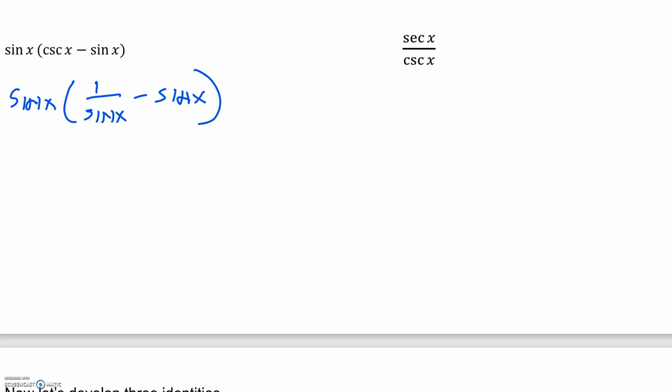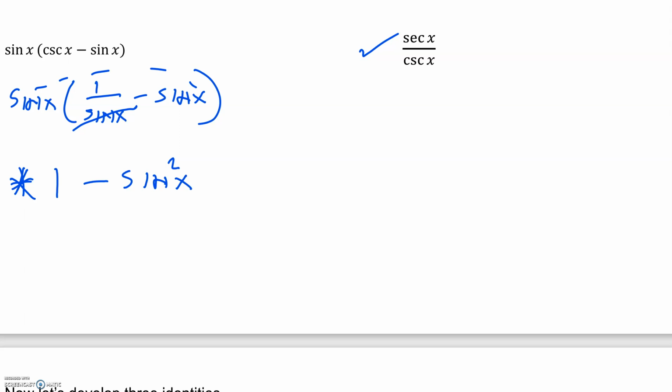Now, when I distribute this, I think that's going to cancel, leaving 1. And then when I distribute again, we're going to have sine squared of x. Now, we're going to need to come back to this one because it can be simplified further, but we need to develop an identity first, okay? So remember, we got to come back to this one. All right, you all try this one out. Pause it, work it out, and then watch me.